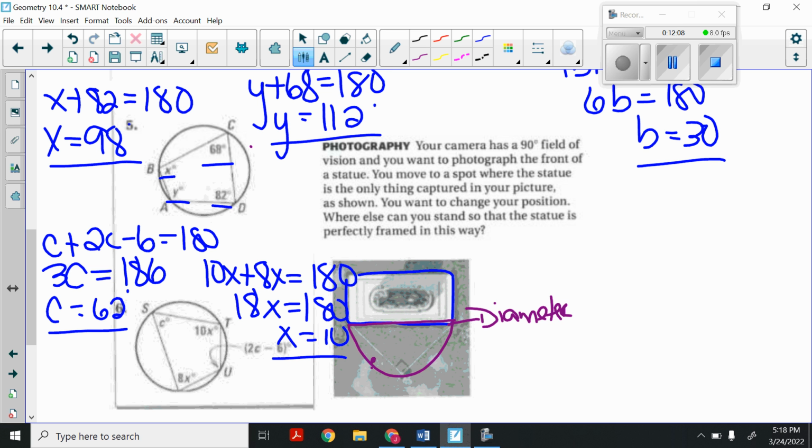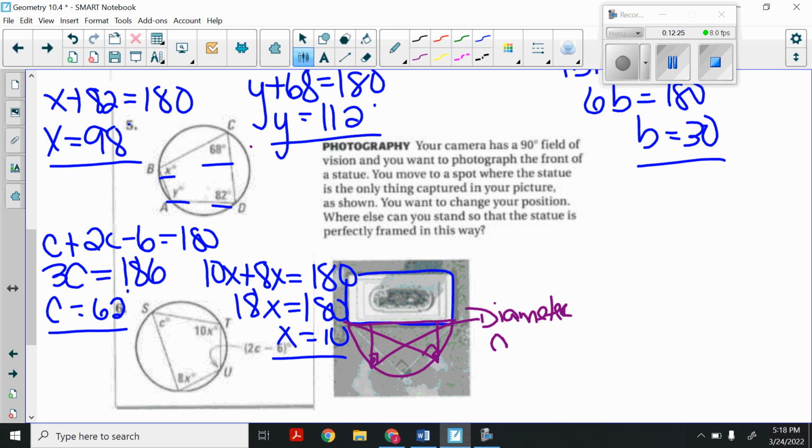So like if I came here and if I came over here, all of these should be 90-degree angles.